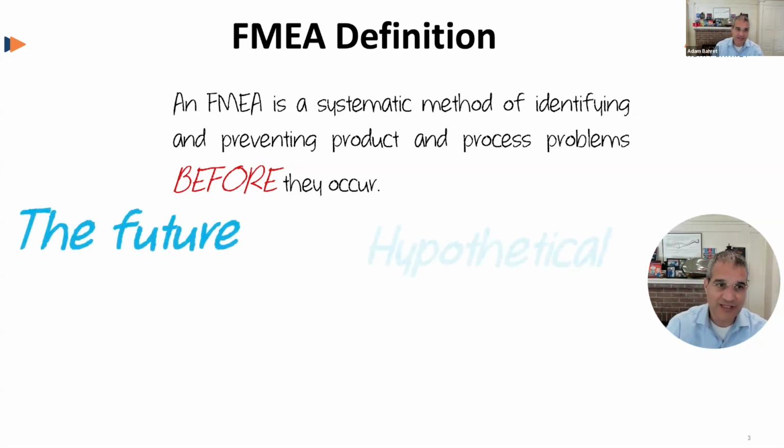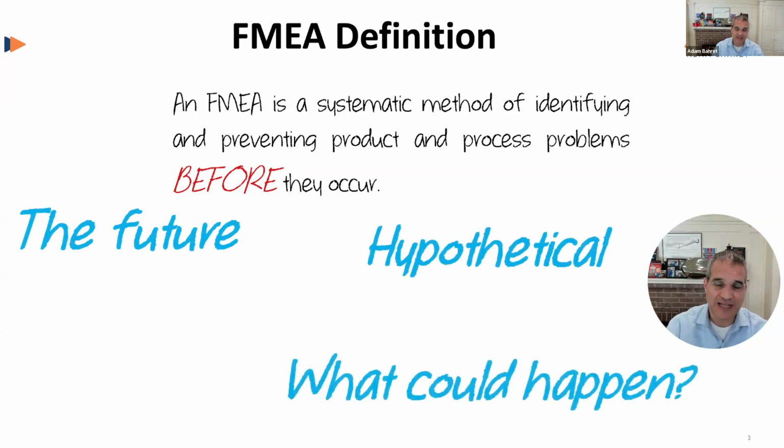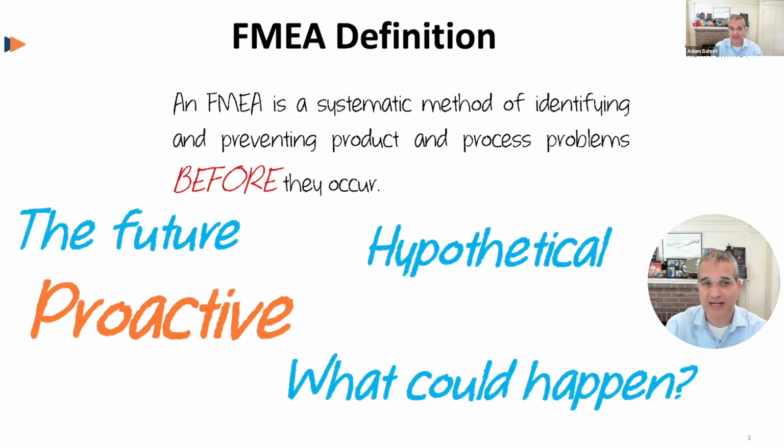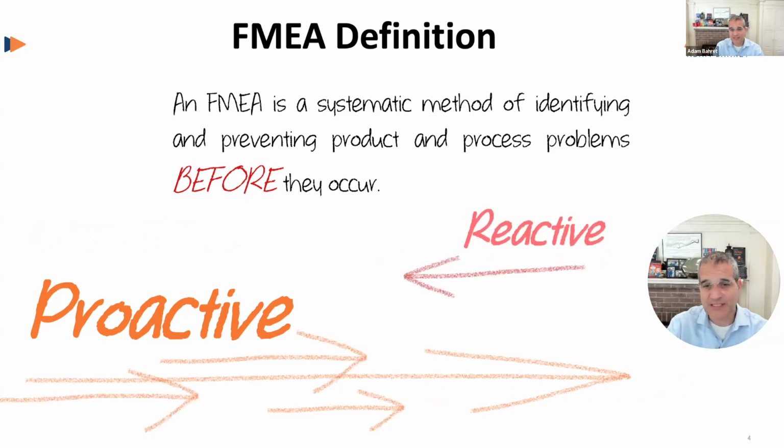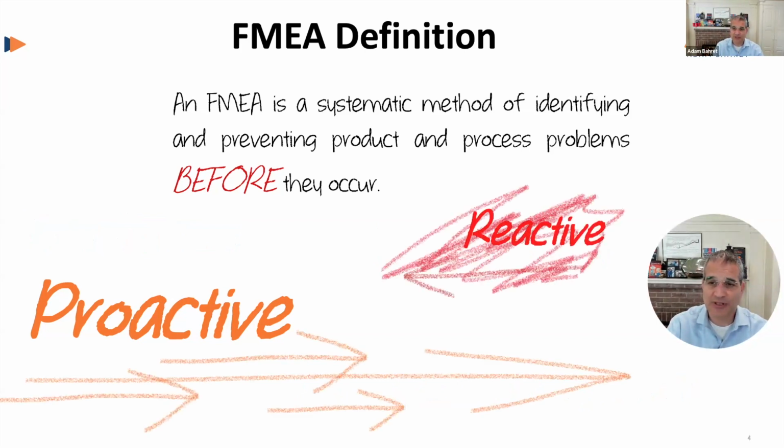And what we're looking to do is to look at the future. It's hypothetical. What could happen? We are looking to be proactive. All these words are looking to the future to have us be able to take action to mitigate what could happen. So the opposite is reactive, which is what we're looking to eliminate with a DFMEA.